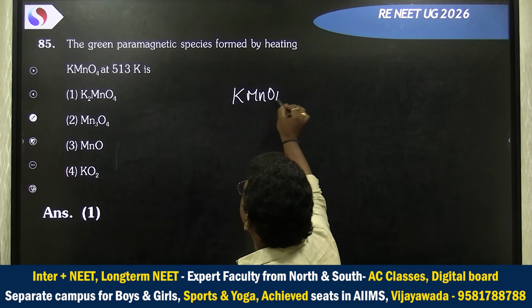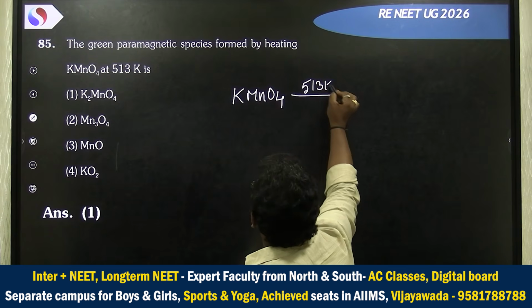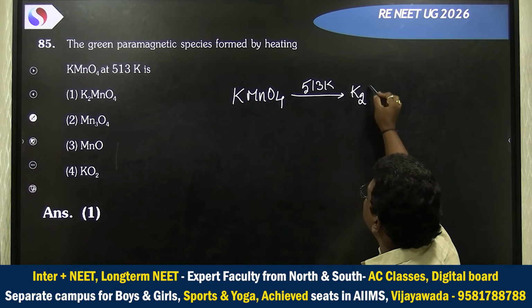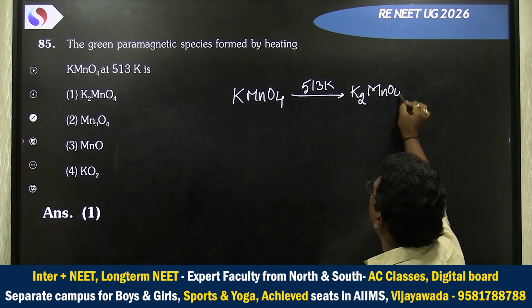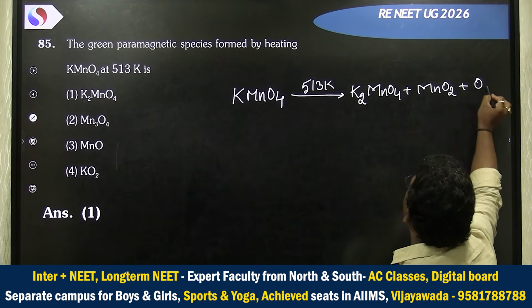KMnO4, potassium permanganate, when heated up to 513 Kelvin, will be converted into K2MnO4, manganese dioxide and oxygen.